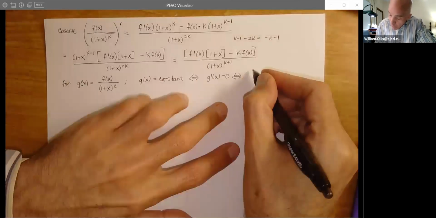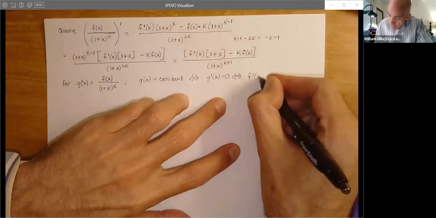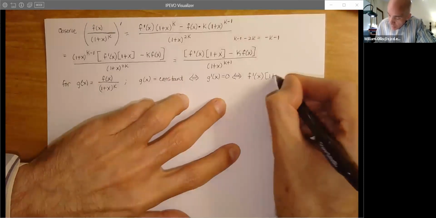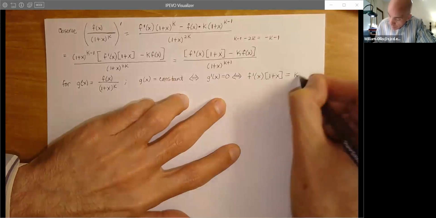So we get f prime times 1 plus x must equal k times f of x.